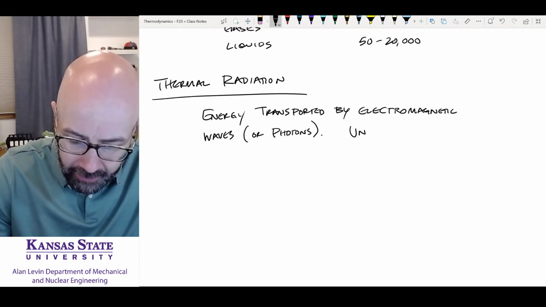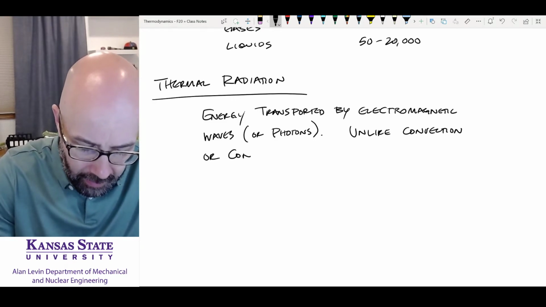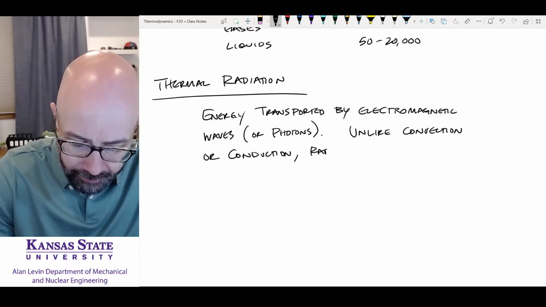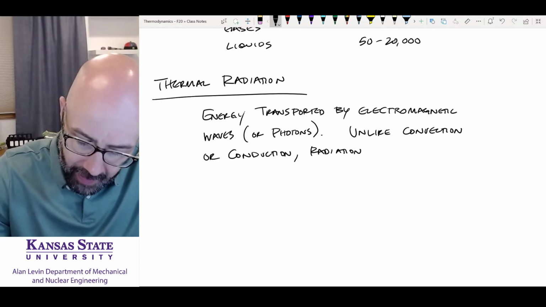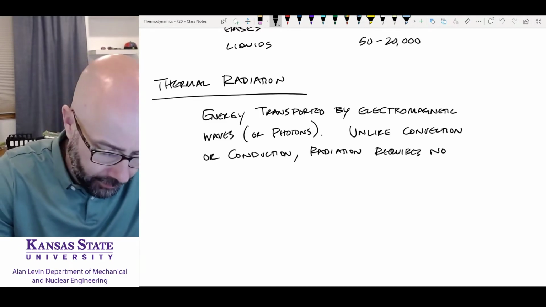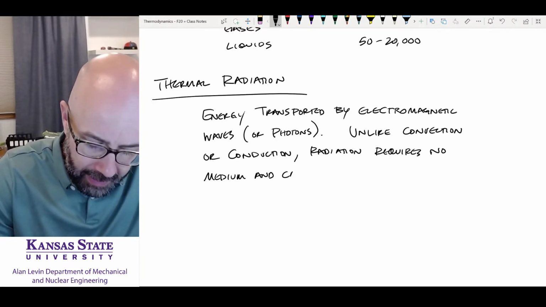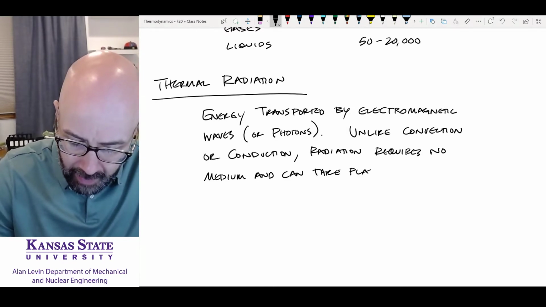Unlike convection or conduction, radiation requires no medium and can take place in a vacuum.